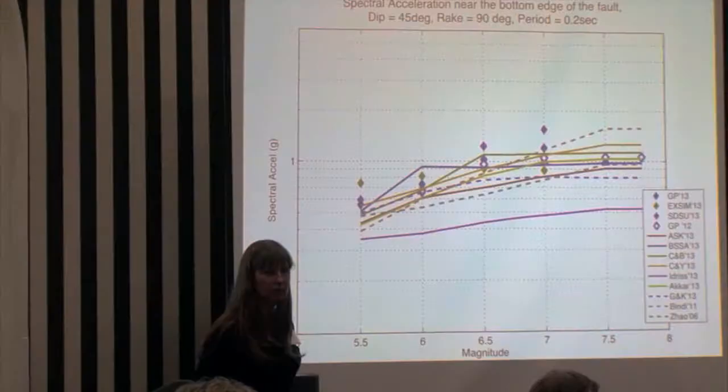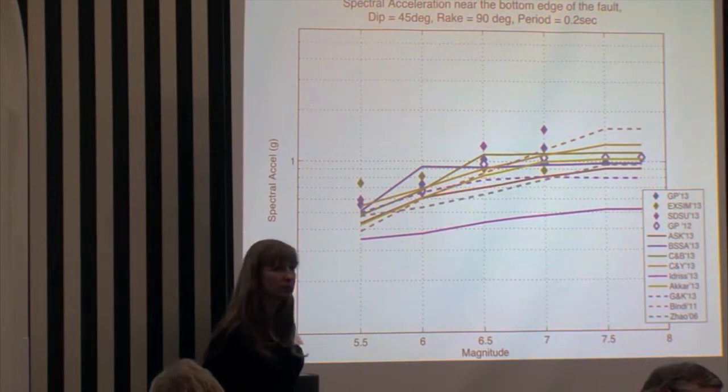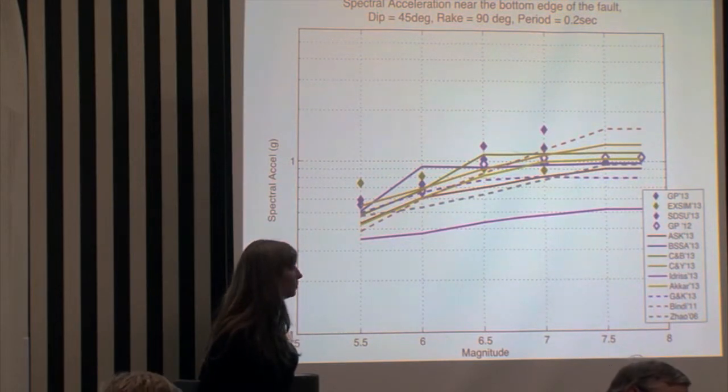Is there something, Kim, in your model that you think would be creating stronger high-frequency effects for the hanging wall? For larger magnitudes, right? Because it looks really consistent in the 5.5 to 6.5, and then it's kind of still going up a little bit.